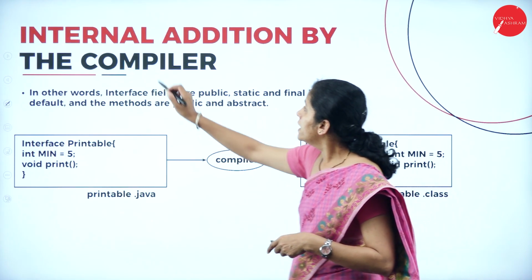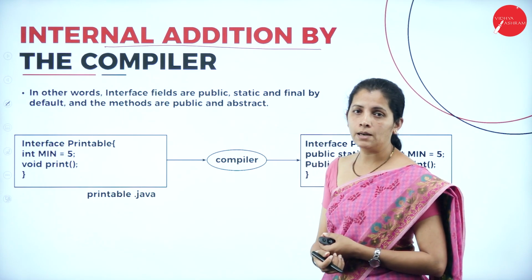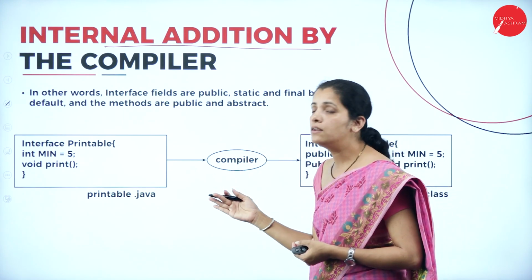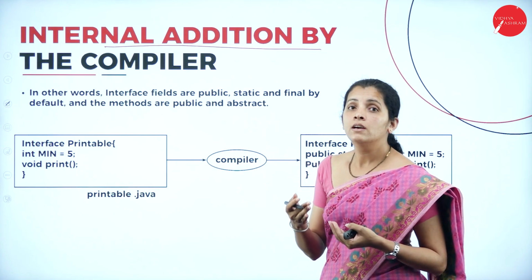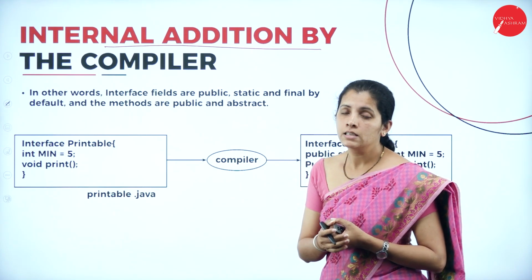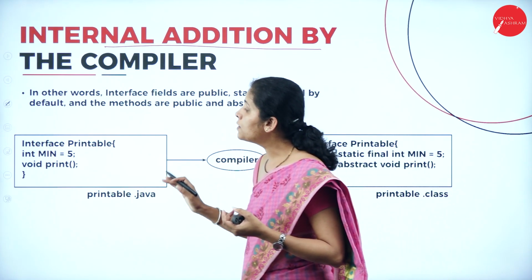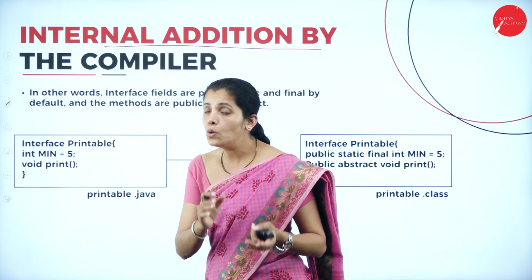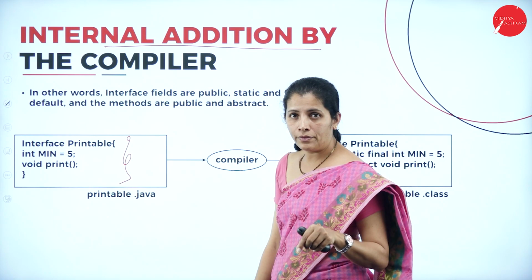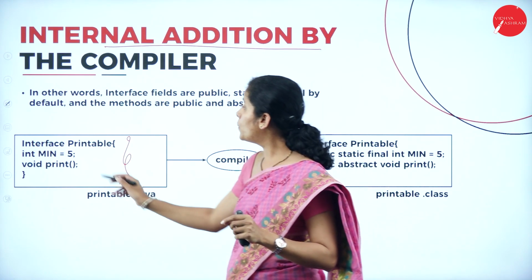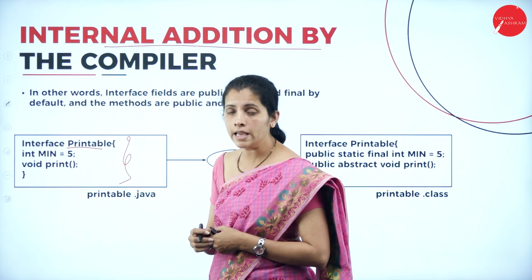Now, internal addition by the compiler. That means who is responsible for adding the static, final, public keywords? That is nothing but the compiler. Usually the users or developers are going to write this code. That is, interface is a keyword, whereas printable is nothing but the interface name.